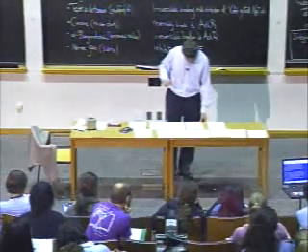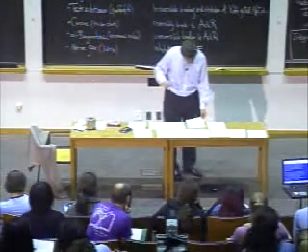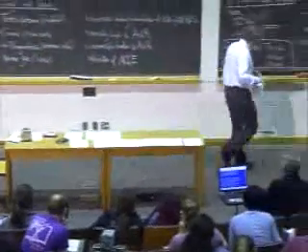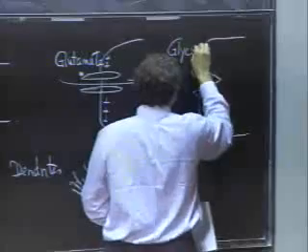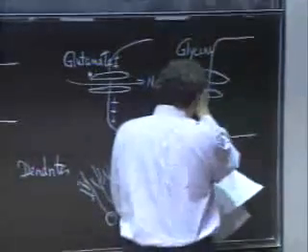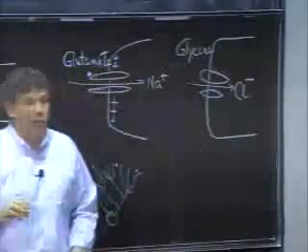For example, glycine, another amino acid, activates ligand-gated chloride channels.